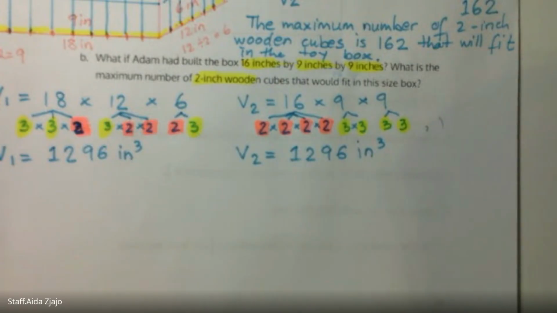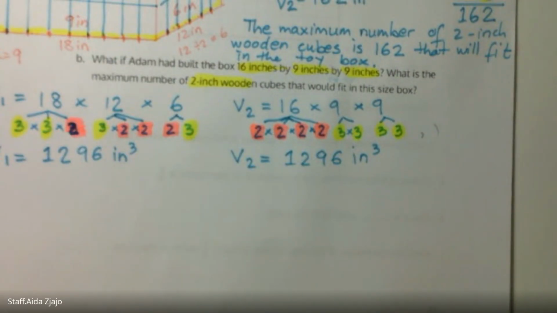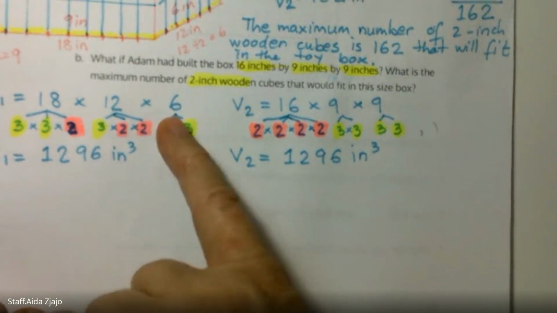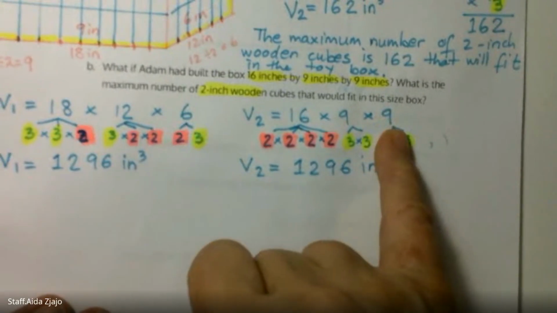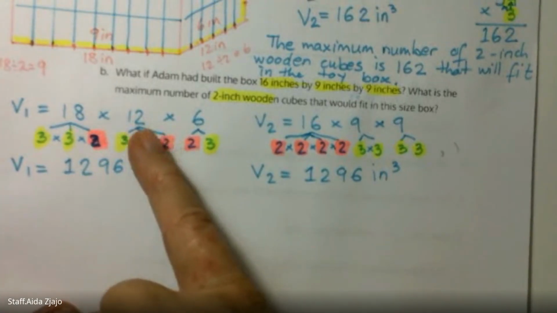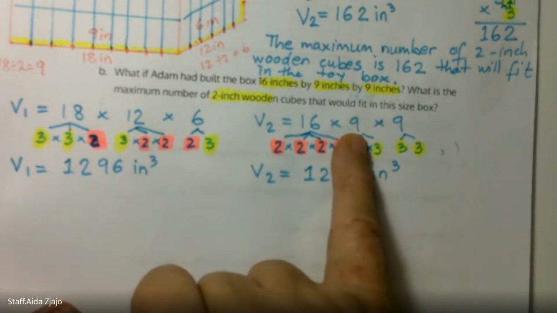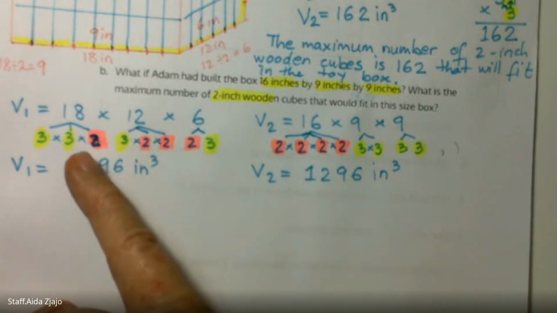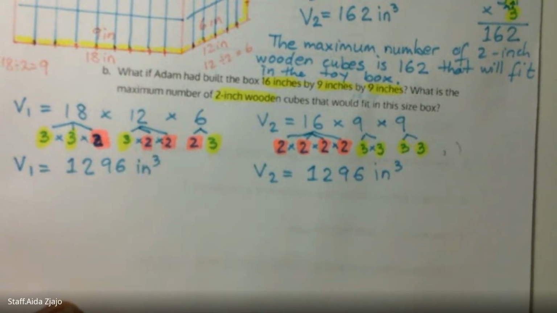What is different is the size: this box is shorter than this one, and this box is wider than this one. So the dimensions are different numbers, but the volume is the same.